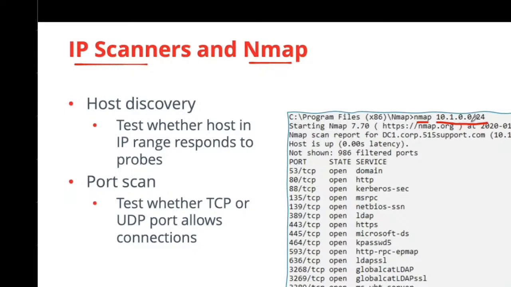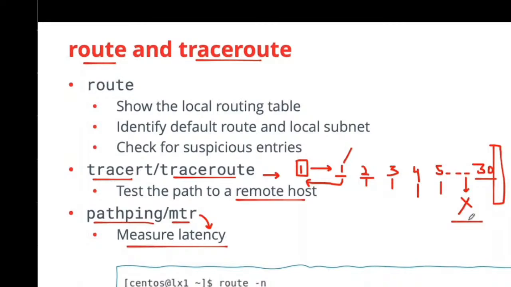In all the machines, all the TCP ports that are open will be listed over here, just like the output you can see on this screen. This is how we do port scanning using Nmap.